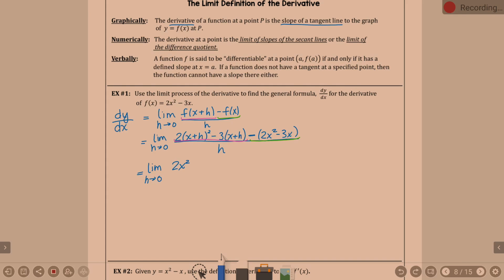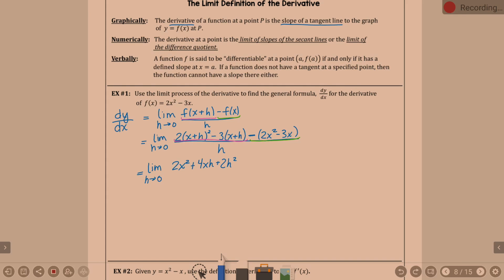X times h and h times x, so that's going to be xh plus xh, which is 2xh, times 2, which is 4xh. Last, h times h is h squared, and then 2h squared. In all honesty, I just would have never dared to do that in pre-calc.